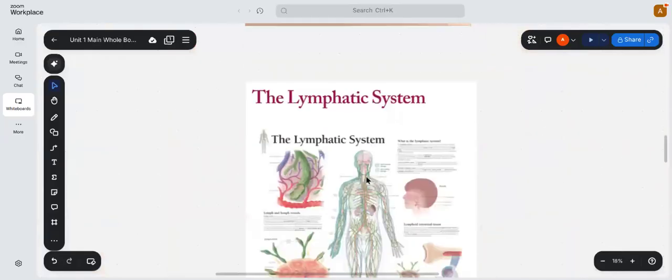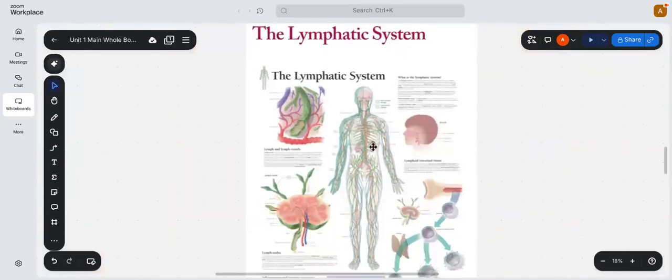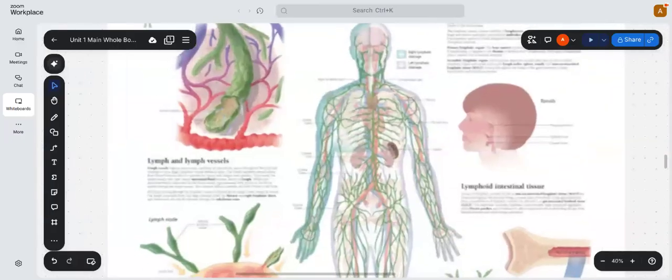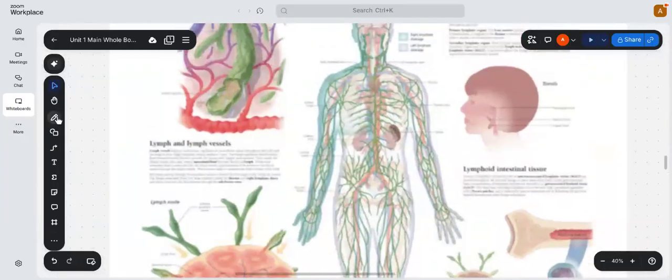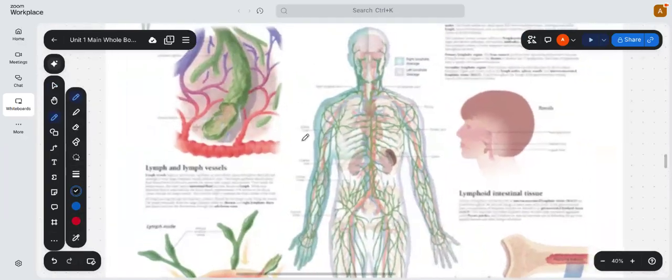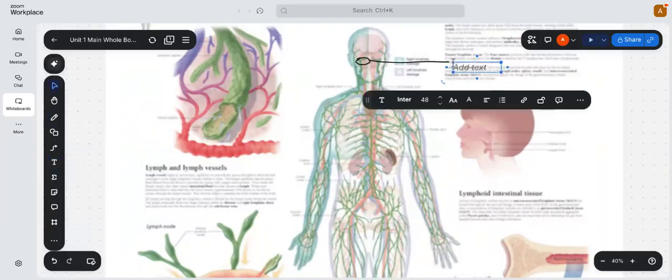So moving on, we're going to go to the lymphatic system now. Lymphatic system is really fun because it's pretty simple. The main thing that you have to know right now is your lymphatic nodes versus lymphatic vessels. So lymphatic nodes are going to be little circles or little dots. For instance, right over here, that would be a lymphatic node, like that.